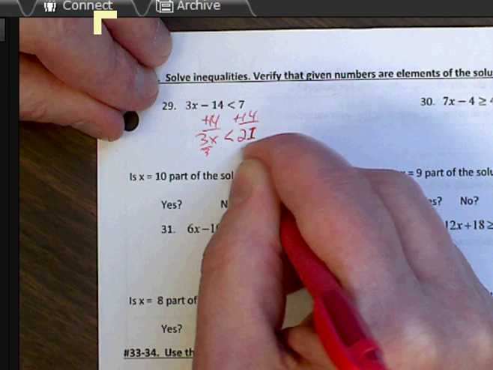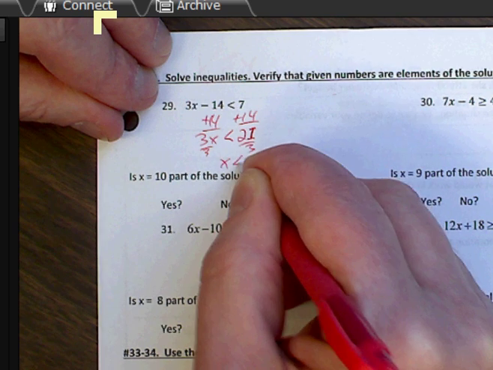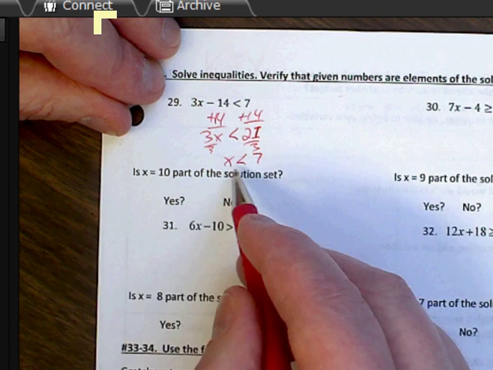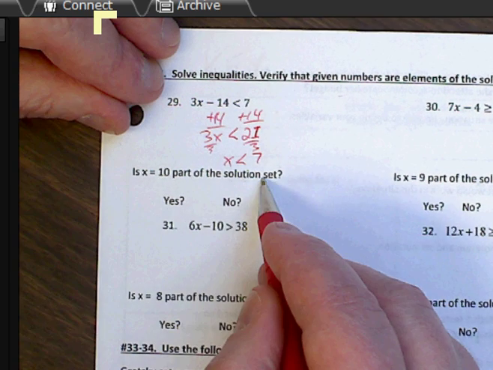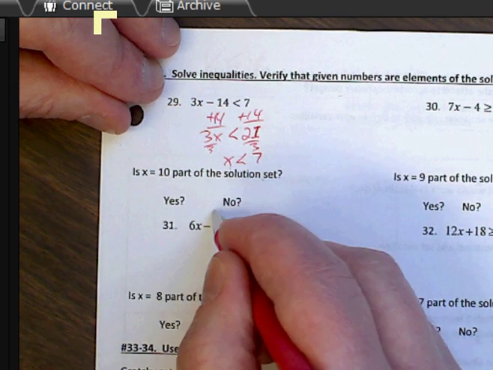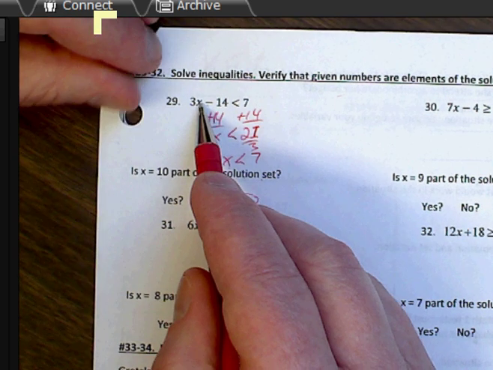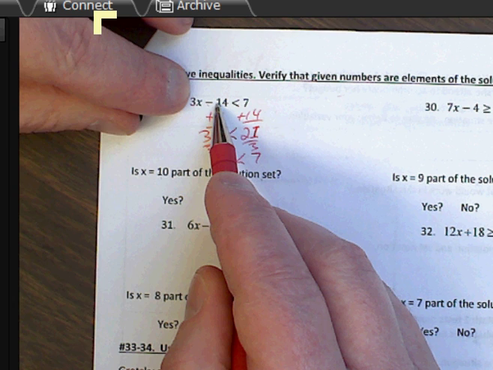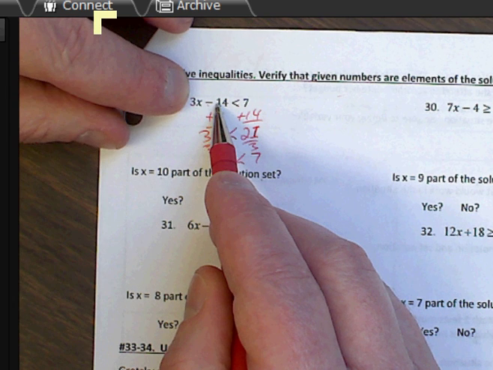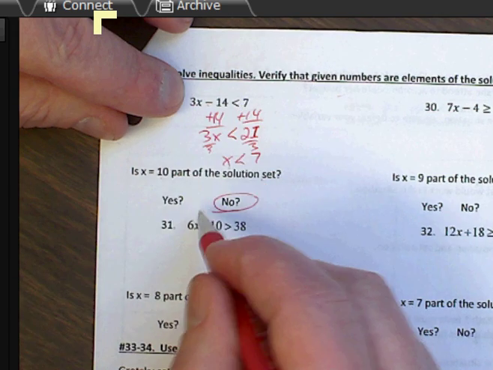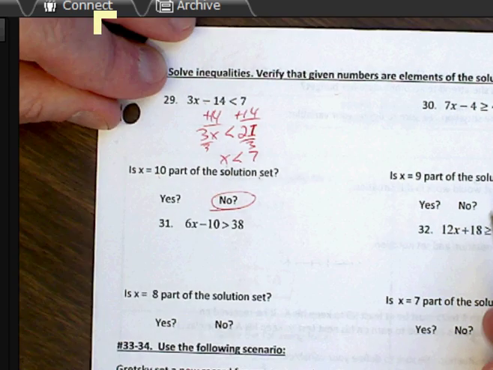Divide by 3, x is less than 7. So, is x equals 10 less than 7? No, it's not. Or you could put 10 into here. 3 times 10 is 30 minus 14. 30 minus 14 is 16. Is 16 less than 7? No. So this is not part of the solution set.